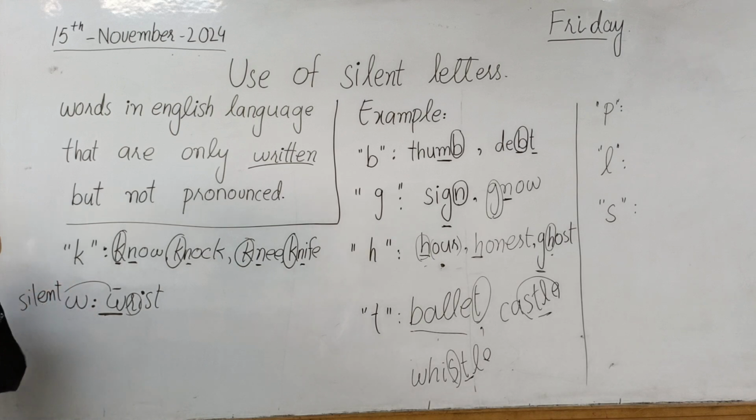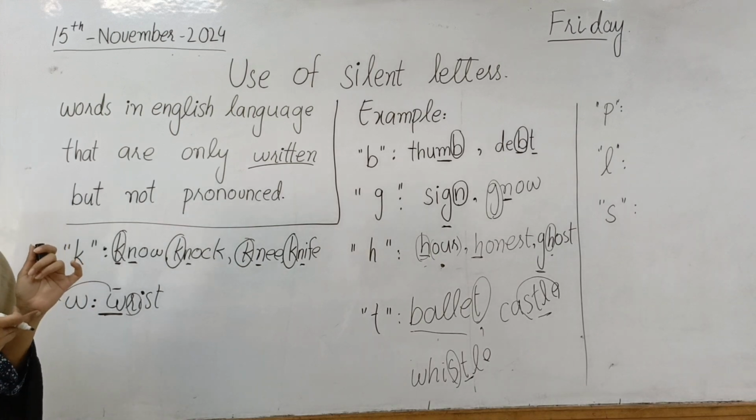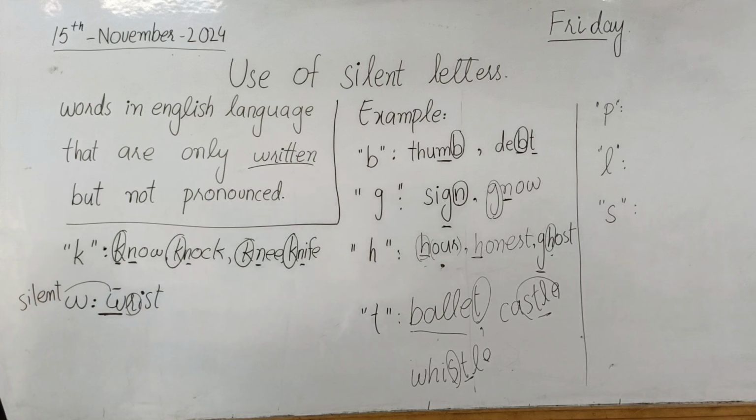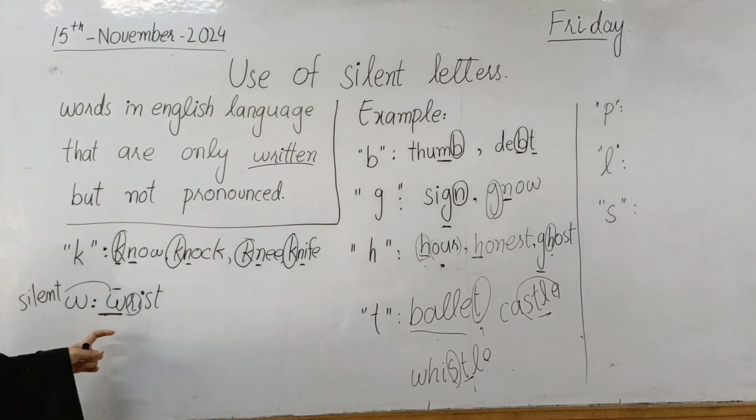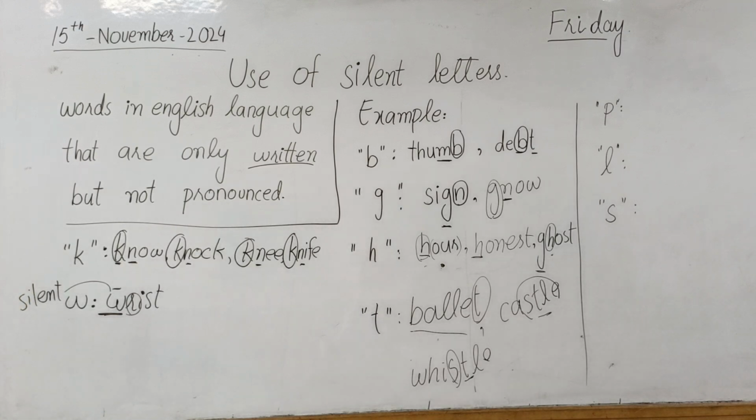Wrist is basically your kalai. You can see this kalai where you wear watches, bands or anything else. This is called your wrist, and you don't pronounce the W. It will be pronounced as rist, R-I-S-T. But you will write the W when you are supposed to write it.